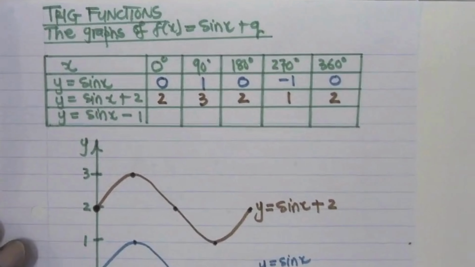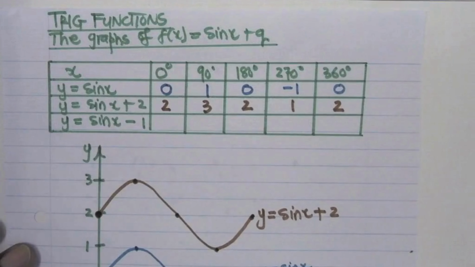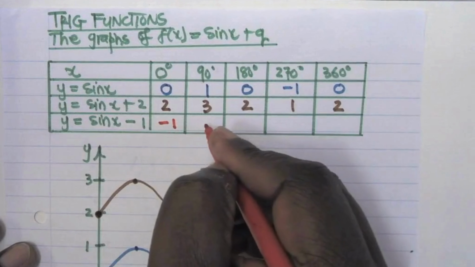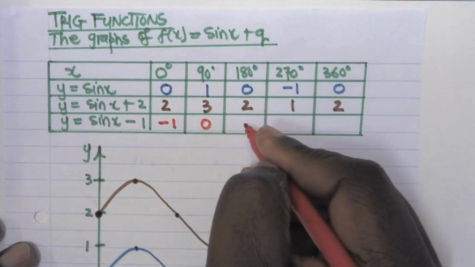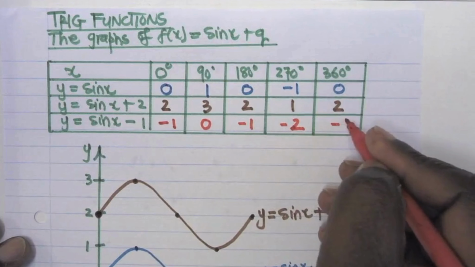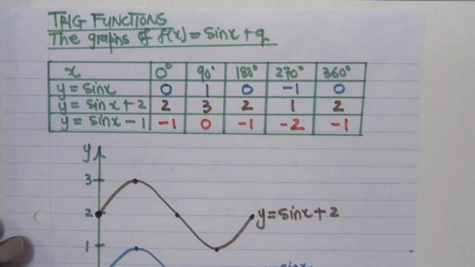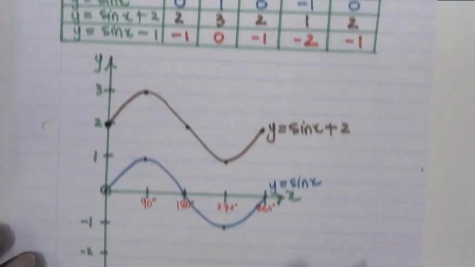Let's go back to the table of values. Let's complete the table of values. And when we substitute here, we're going to get -1. And for this one here, we're going to get 0. And for this one here, we're going to get -2, and then here we get -1 for the last one. Now, let us go to our Cartesian plane and join the points.